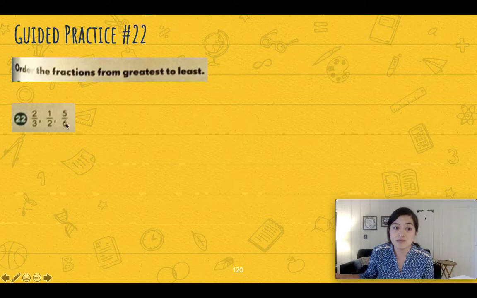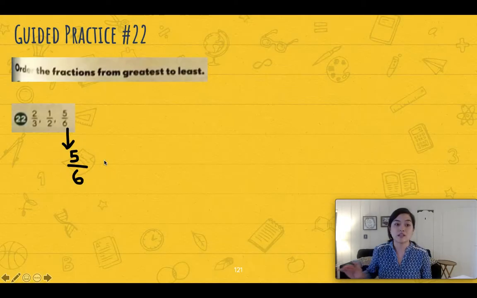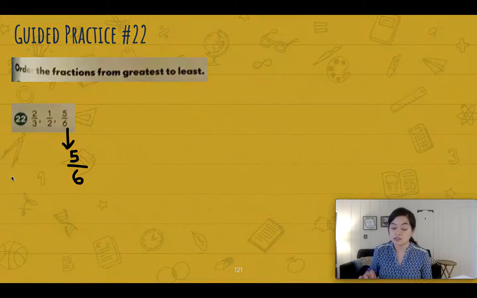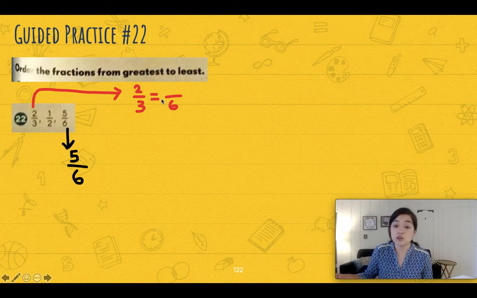So I can just keep 5/6 the same because it has the denominator that I want of 6. So now let's look at 2/3. I want to find my equivalent fraction where my denominator is a 6. So 3 times what got me 6? 3 times 2 got me 6.